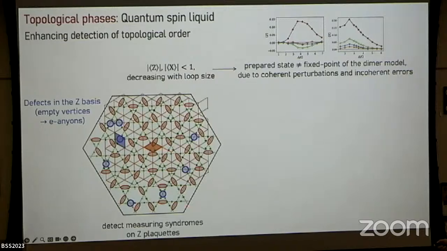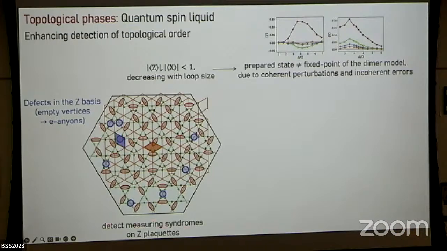So here you can build the plaquettes for this lattice. So exactly the same thing that you do for the toric code. And you can build these plaquettes such that measuring the expectation values on the plaquette would allow you to identify if you have an anyon.